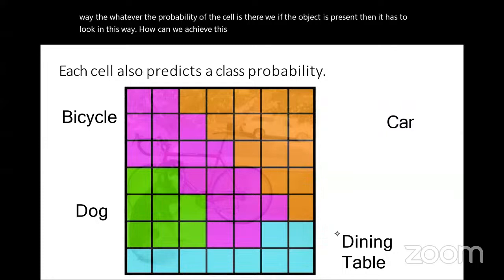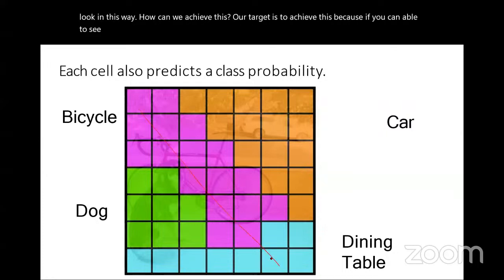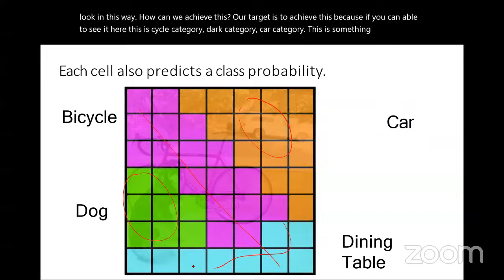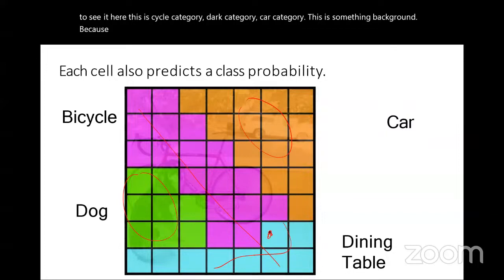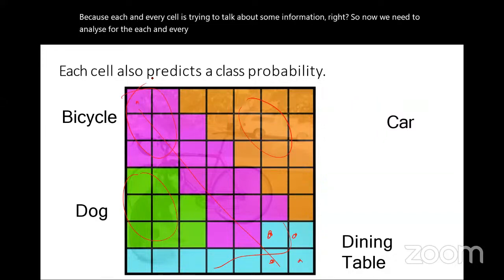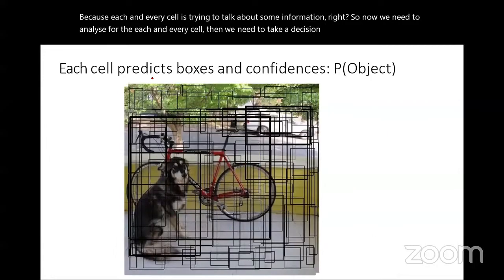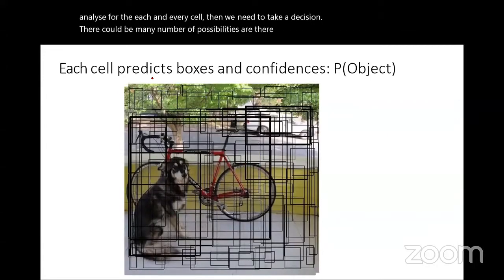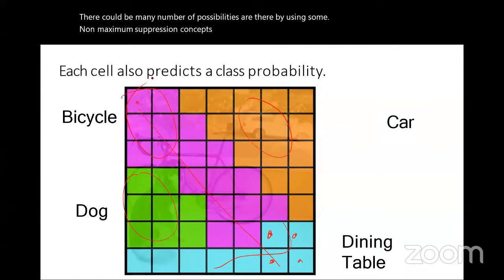Our target is to achieve this, because you can see here, this is the cycle category, dog category, car category. This is something background. Because each and every cell is talking about some information, right? So now we need to analyze each and every cell, then take a decision. There could be many possibilities. By using non-maximum suppression concepts, we can achieve this. How to do it? Let's have a look.